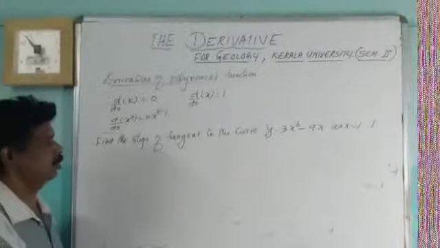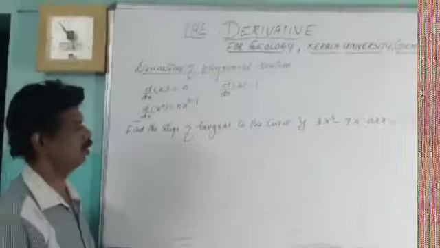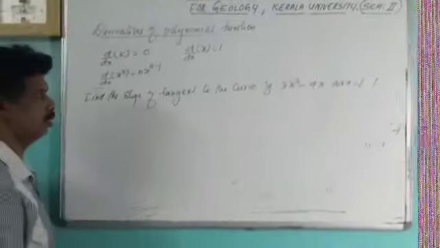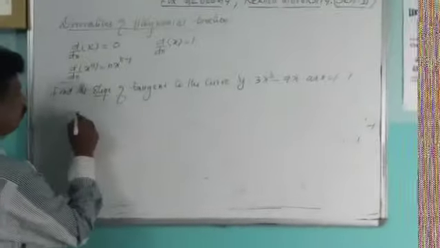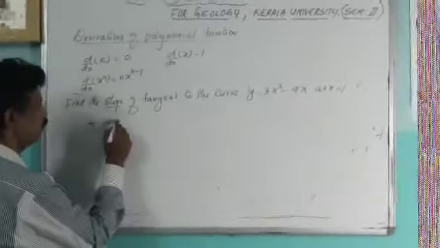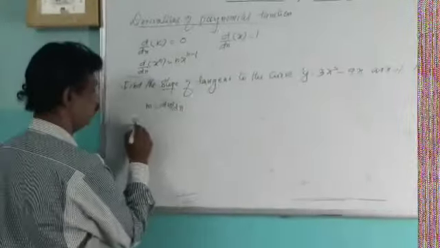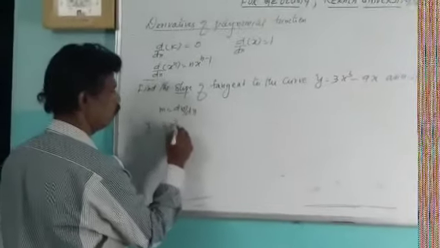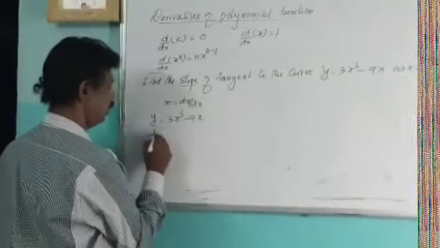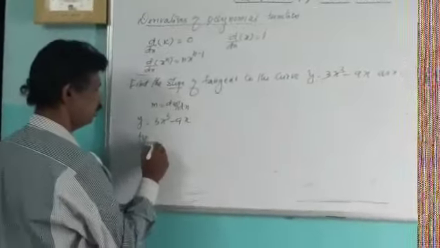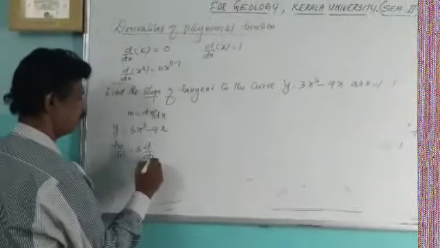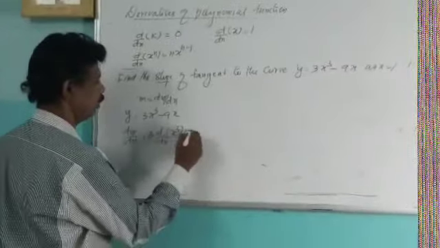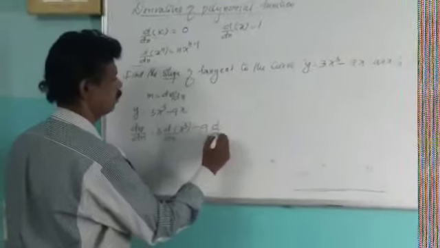Find the slope of the tangent to the curve y equal to 3x cube minus 9x at x equal to 1. Slope means m equal to dy by dx. Then dy by dx equal to 3 into the derivative of x cube minus 9 into the derivative of x.